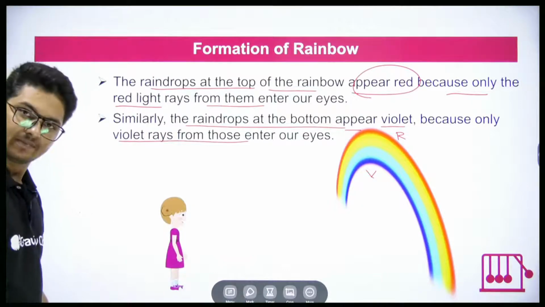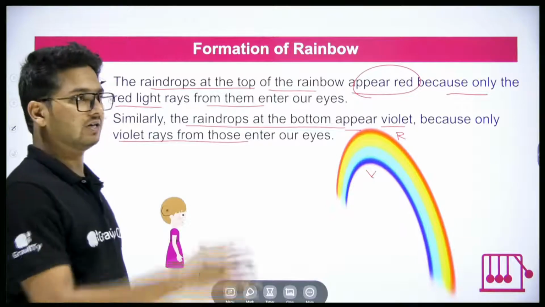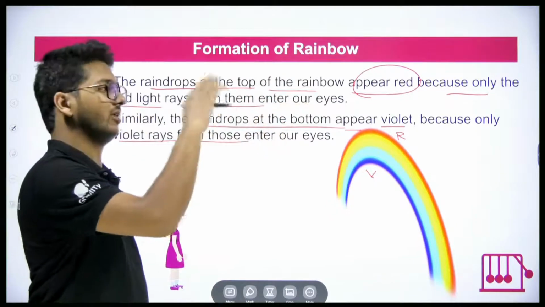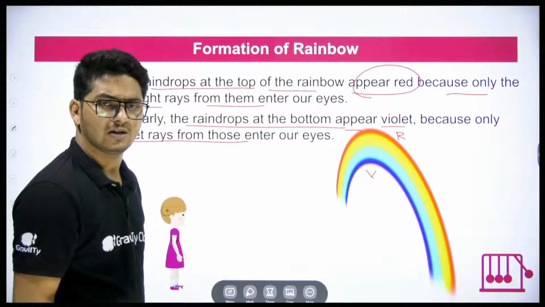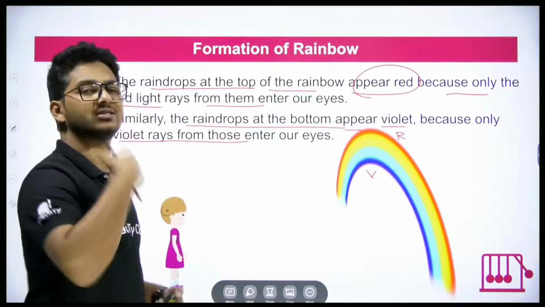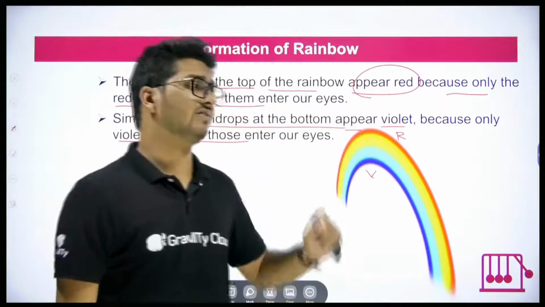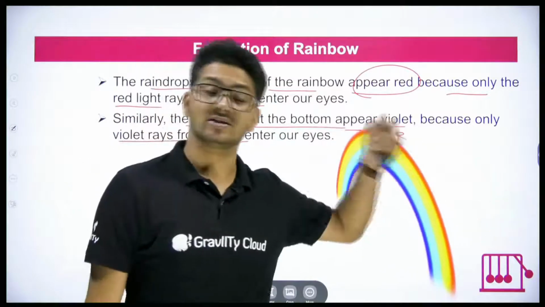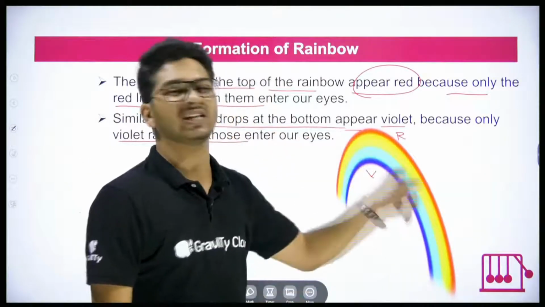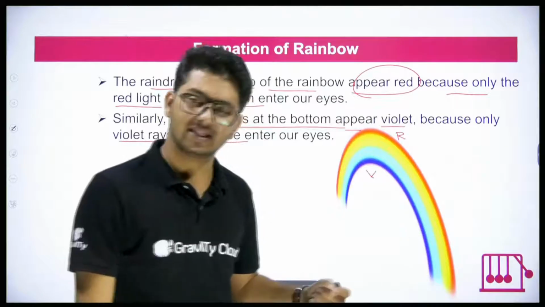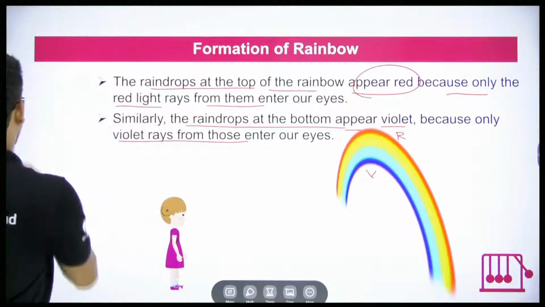As simple as that. Got it? If you are looking at any object, and its color is red, that means red color is coming to us. If its color is blue, blue color is coming to us. If its color is orange, orange color is coming to us. In that way. Got it?